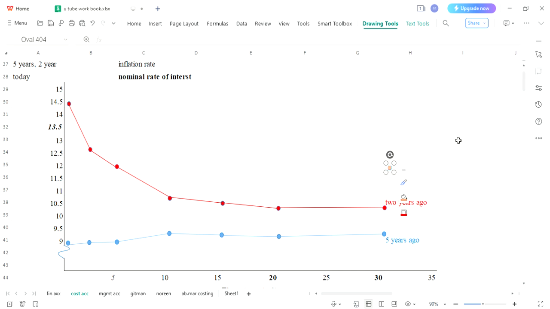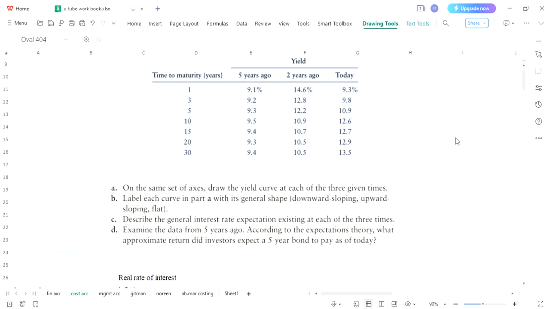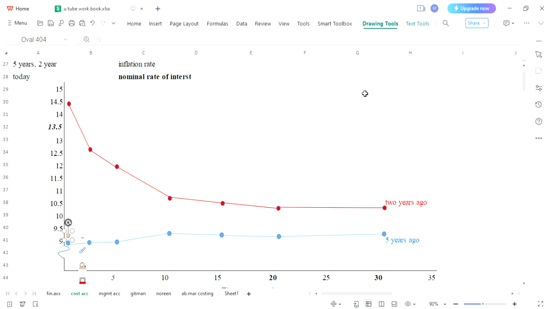So the first point would be at first year, and this place is for the first year, and we have 9.3%, in between 9 and 9.5. The first point has been mentioned.